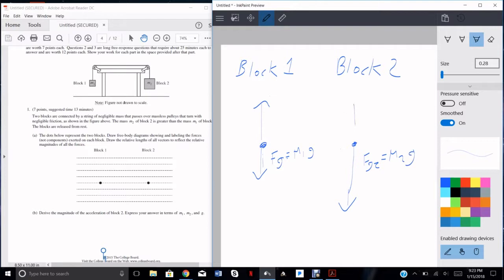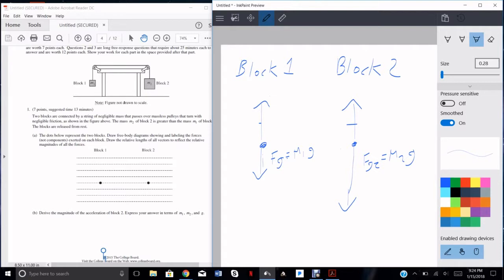However, the tension on block 2 is equal to the tension on block 1. This is because the force of tension does not change throughout the rope, since it is in a system. We know that the rope is not experiencing a different force of tension on either side.